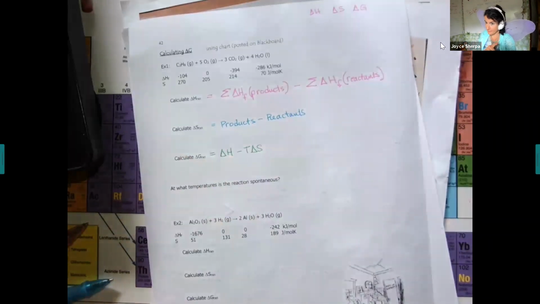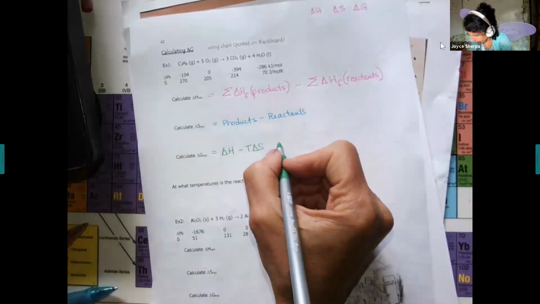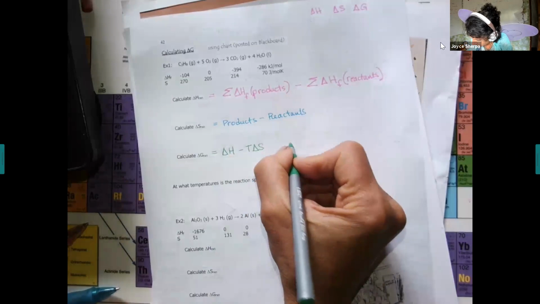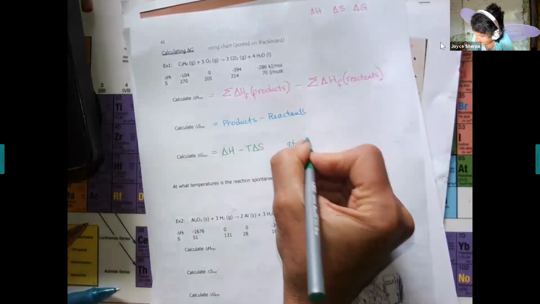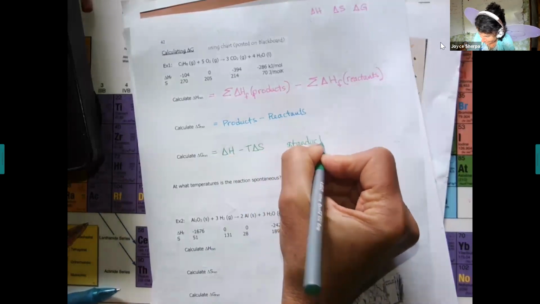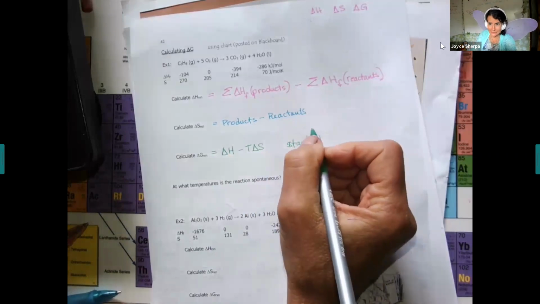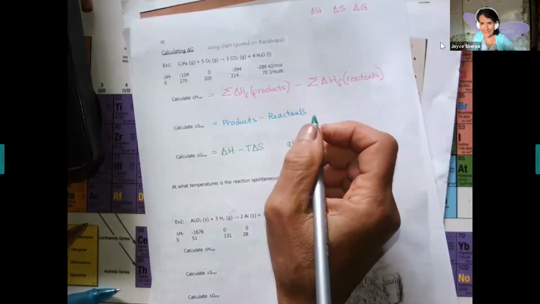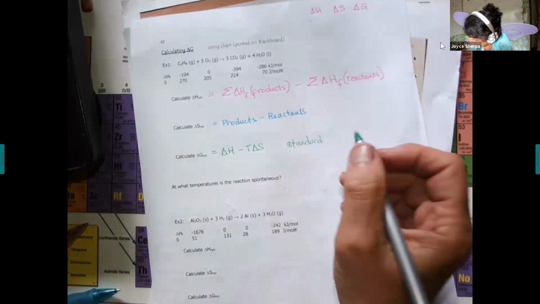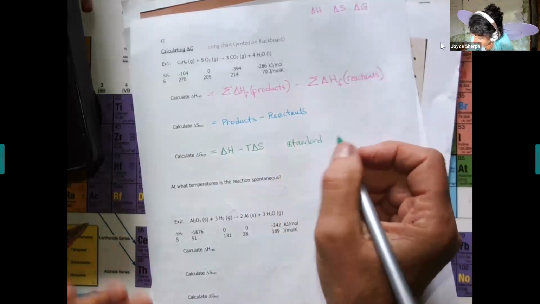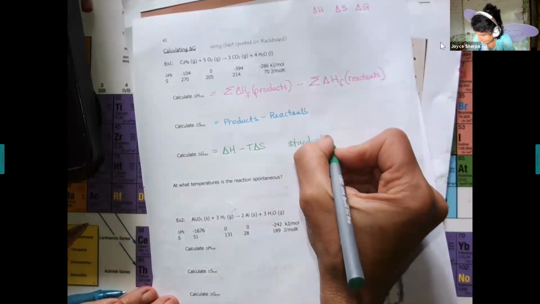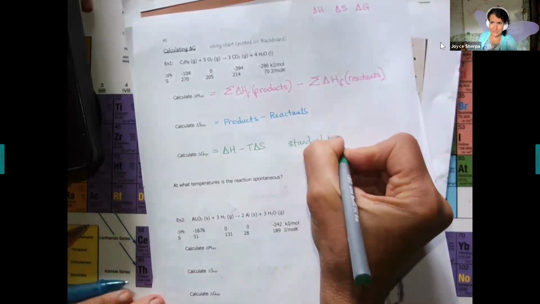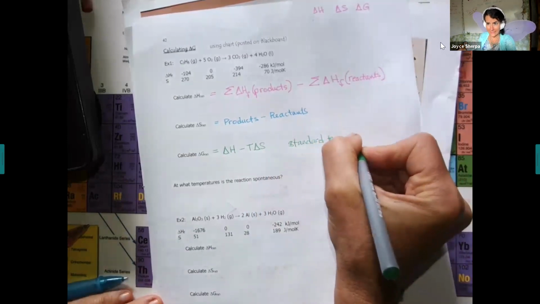Unless you're given a temperature, which might happen tomorrow or on Thursday, standard temperature is no longer 0. The 0 degree standard temperature is only true for gas laws. I have no idea why they made that. It is 25 Celsius, which is a pretty useless number because this is all going to be in Kelvin.